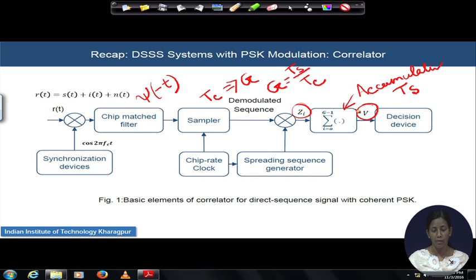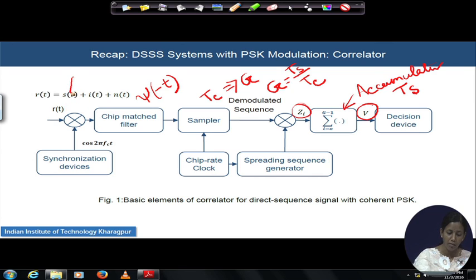Today the work is the mathematical analysis of this whole receiver architecture, to have detailed knowledge of this receiving process. Remember this r(t) which we receive at the front end of the receiver is a combination of the intended signal transmitted.